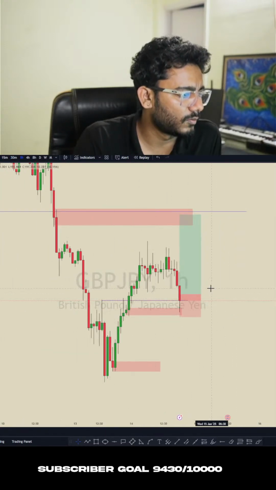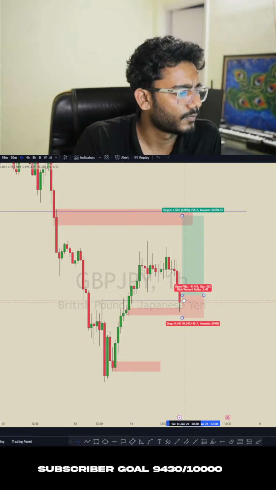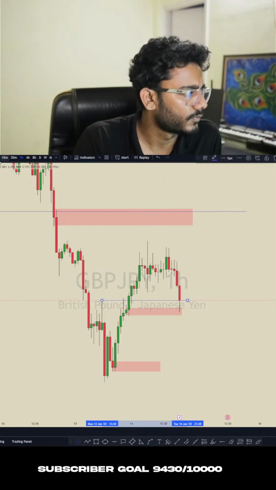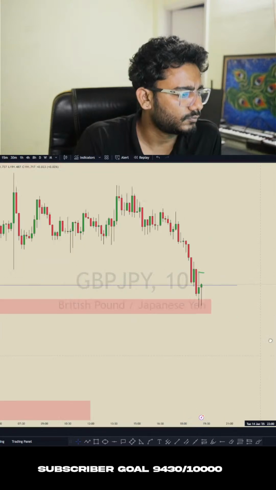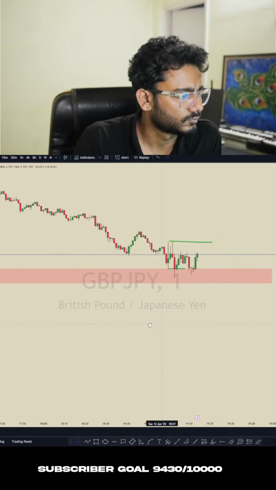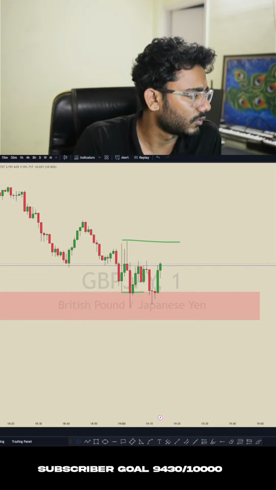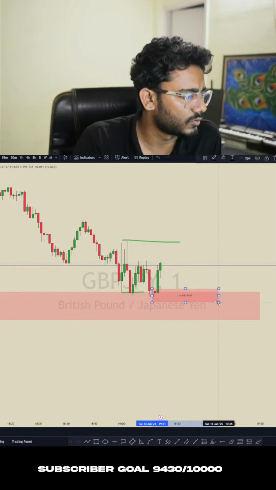I shared this order block in the group. Or you can look at this low.